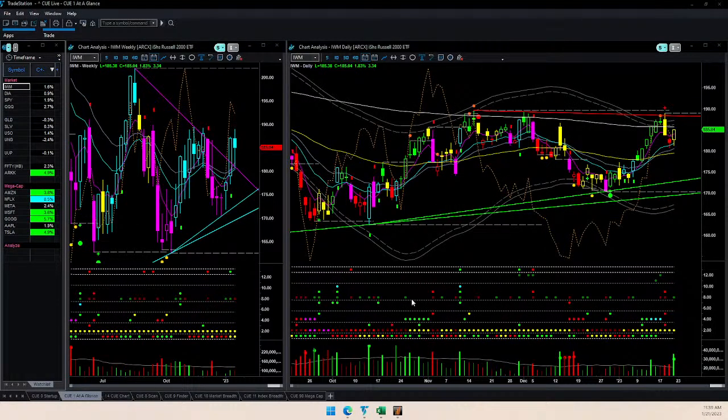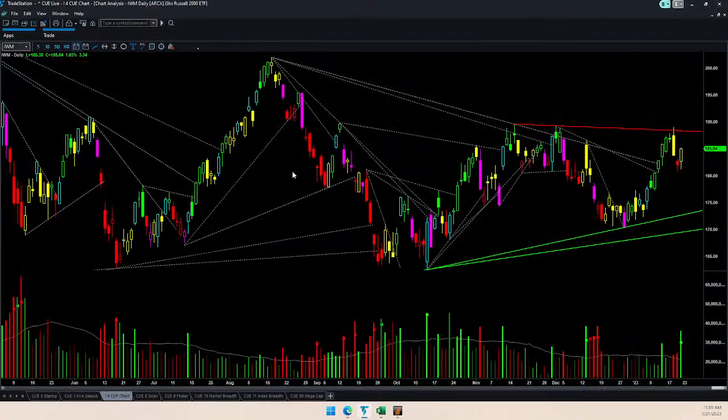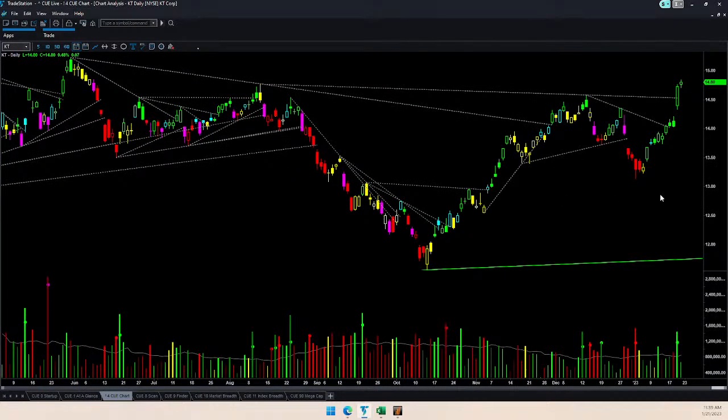Let's use Q Elite so that I can see the historical trend lines. On Thursday, Korea Telecom had a very large gap up and it had a breakout setup.